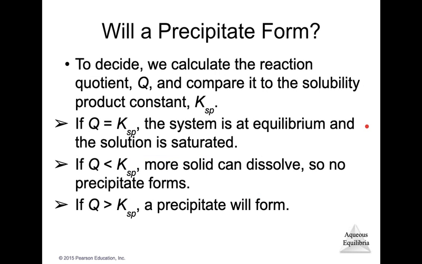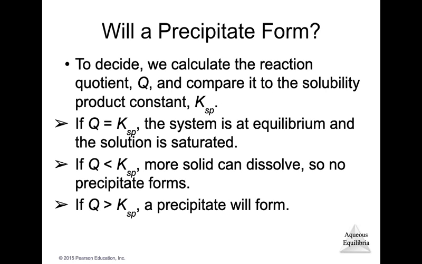All right, so more importantly, what we're going to be looking at in this practice is whether a precipitate will form. You did some predictions of whether or not a precipitate was going to form because you knew your solubility rules. But now we're bringing Ksp into those solubility rules.